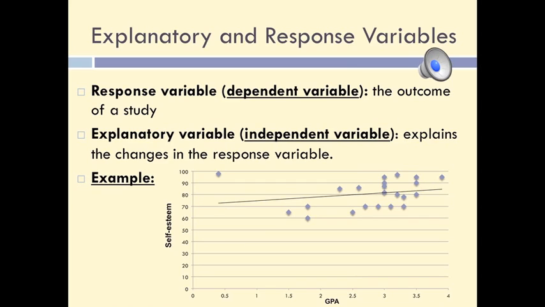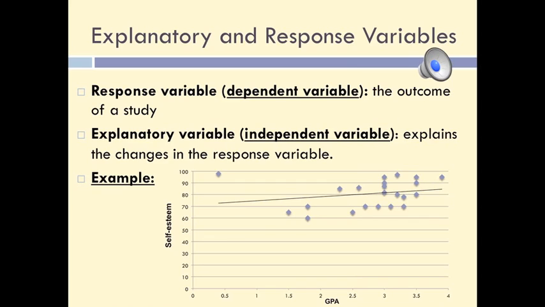Also, when we represent these variables graphically, if we only use correlations, it doesn't matter which variable goes on the x-axis and which goes on the y-axis. But when we're conducting regression analysis, we always represent the independent variable or the explanatory variable on the x-axis and the dependent variable or the response variable on the y-axis.